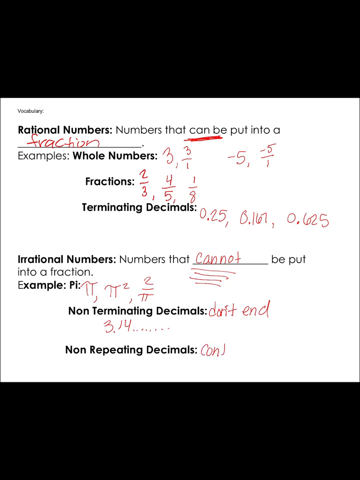So it continues endlessly. And again, pi is an example of that because it just keeps going and never ends. So pi is a non-terminating, non-repeating decimal.